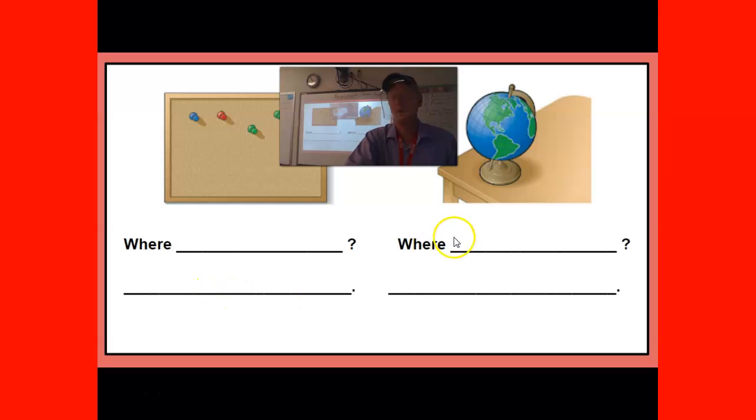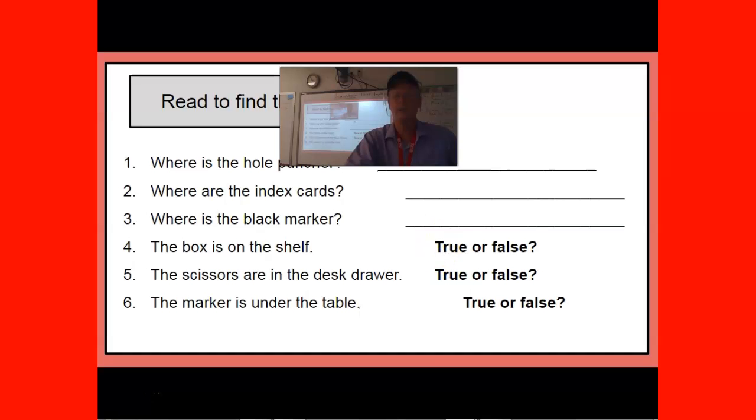Good, it's on the wall. You remember this one? Globe. Yeah, good. Good. It's on the table. Very good.